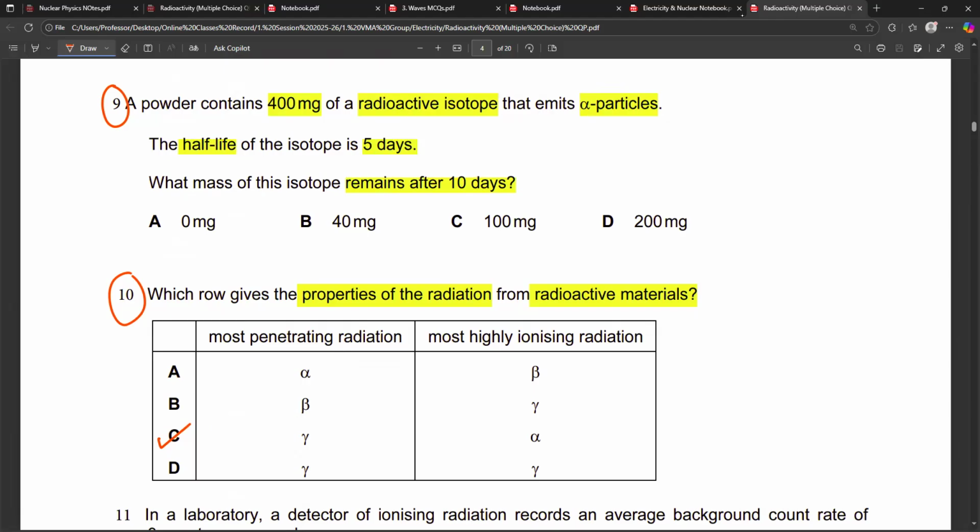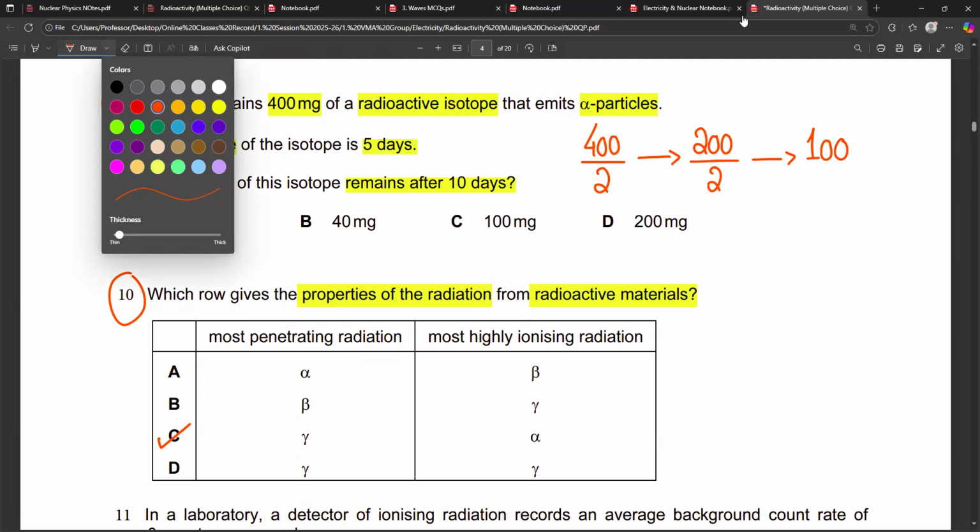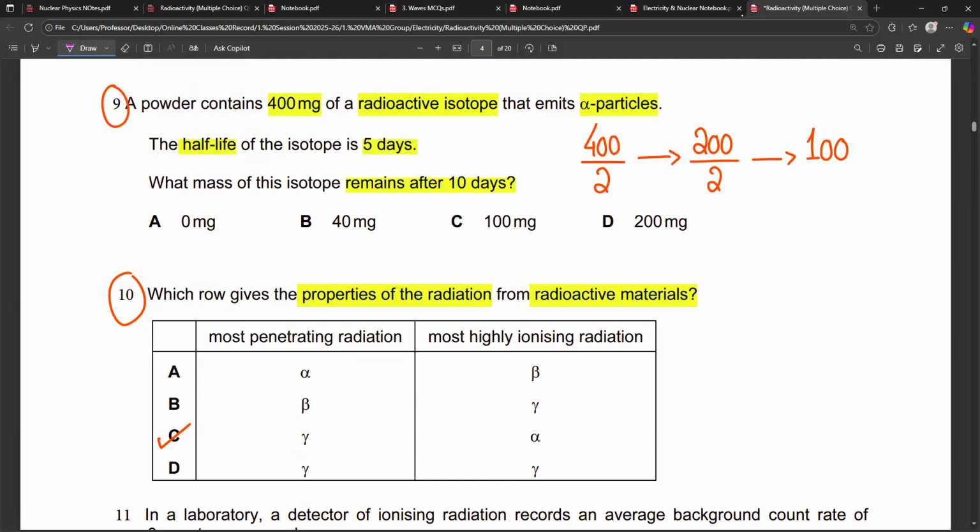After 10 days means it will be the second half-life of the element, because the first half-life takes place after 5 days. So 400 decreases to half, that is 200. Then 200 decreases to half, which is 100. This is the first half-life.